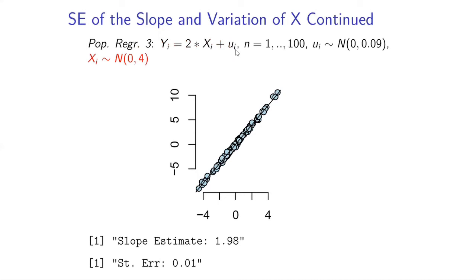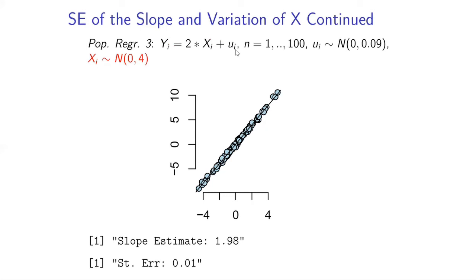In this simulation, the relationship is the same. The only difference is that the distribution of x now has a much wider variance. The variance is now 4 versus 1 from before. Everything else equal, increasing the variance of x causes the standard error of the slope to decrease. It used to be 0.02, but now it's 0.01.